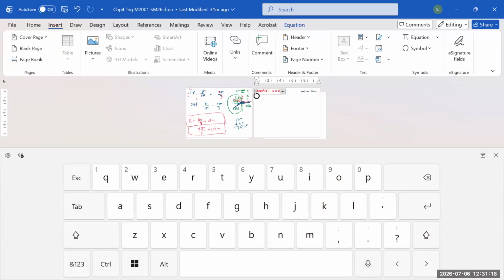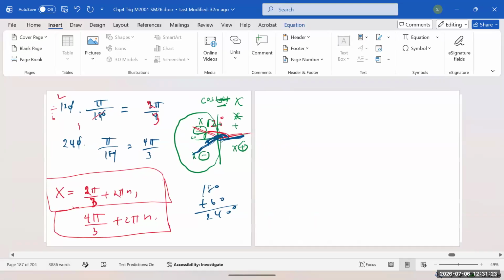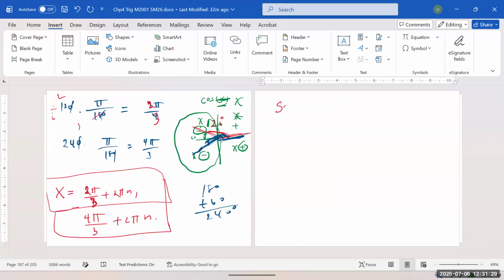No, in one cycle. In one cycle, how many angles give us this? So 2, are you sure? Why do you think it's 3? Solve for x. Sine x equals 0. What is your x?